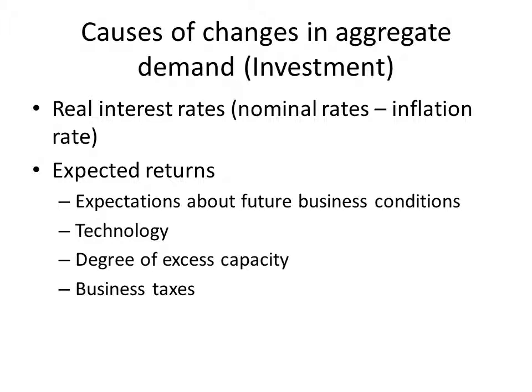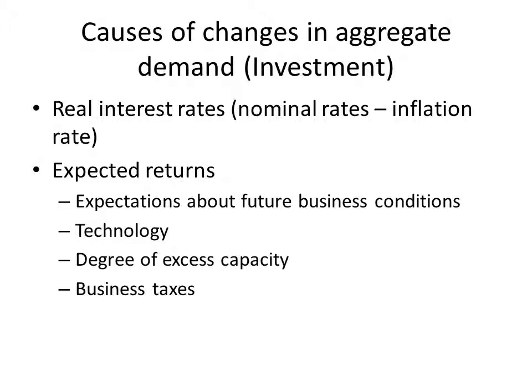And in fact, there is a measure of this called the capacity utilization rate, which gives us an estimate of what portion of our investment goods are currently being used. So if excess capacity is high, aggregate demand will probably go down. If excess capacity is low, probably aggregate demand is going to go up. And finally, business taxes.